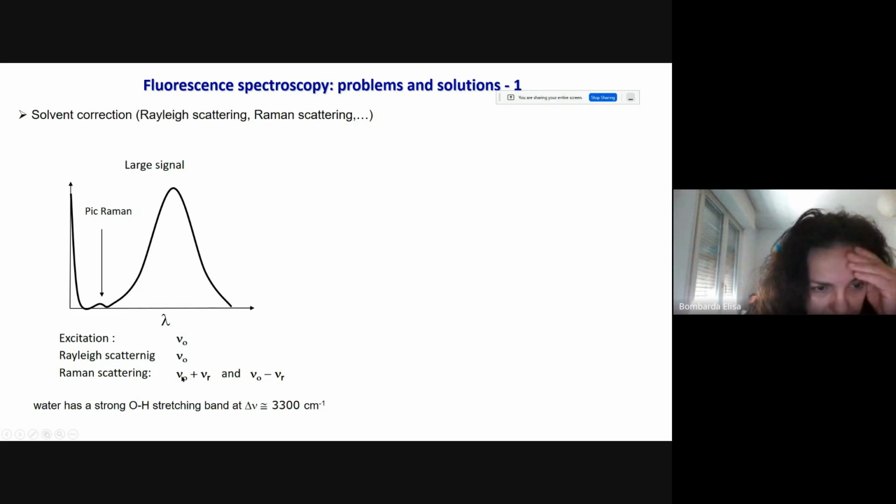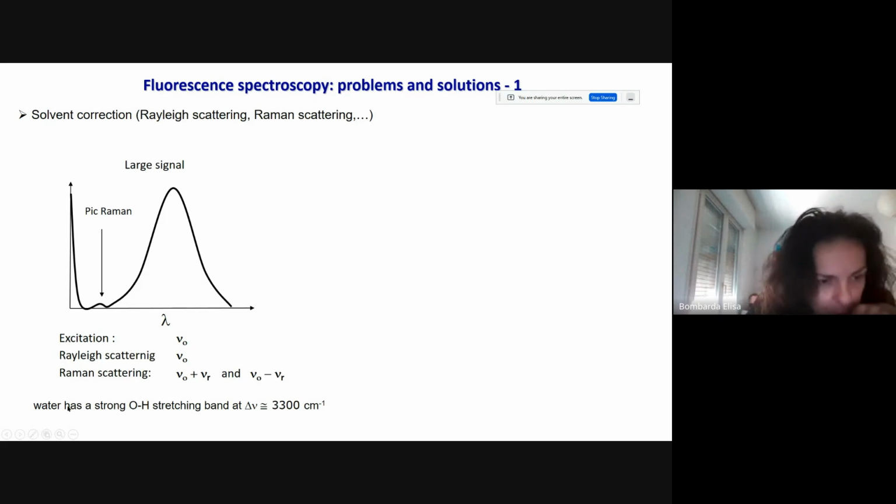It's inelastic, in the sense that it's not at the same wavelength as the excitation wavelength, and it can be calculated because it depends on the solvent.